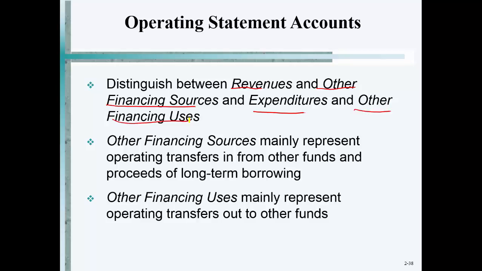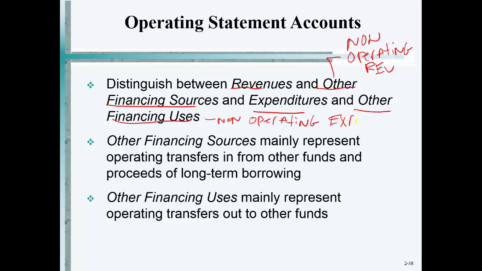The way to think of an other financing source is like a non-operating revenue, and the way to think of an other financing use is like a non-operating expense.